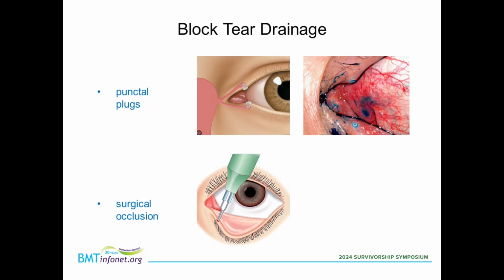The other way we can do this is with surgical occlusion of the openings, the puncta. This can be done usually with cautery. It's a simple outpatient procedure. People talk about this being permanent. Sometimes it is, sometimes it isn't. If it needs to be opened up, it can be. But either way, I usually start with plugs. If people are finding it to be effective, we go to permanent occlusion using cautery.